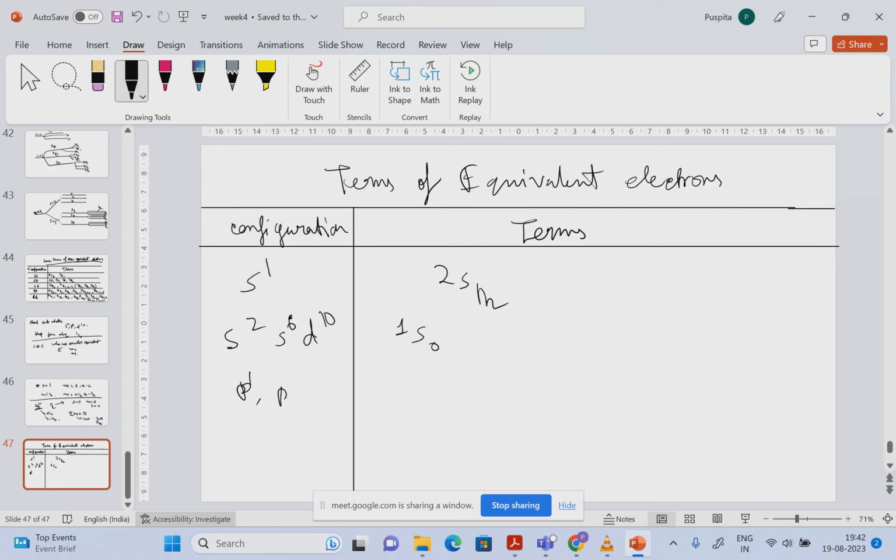p1 and p5 have the same terms, as I have already mentioned, 2P with 1/2 and 3/2. For p1, 3/2 will be the lowest.